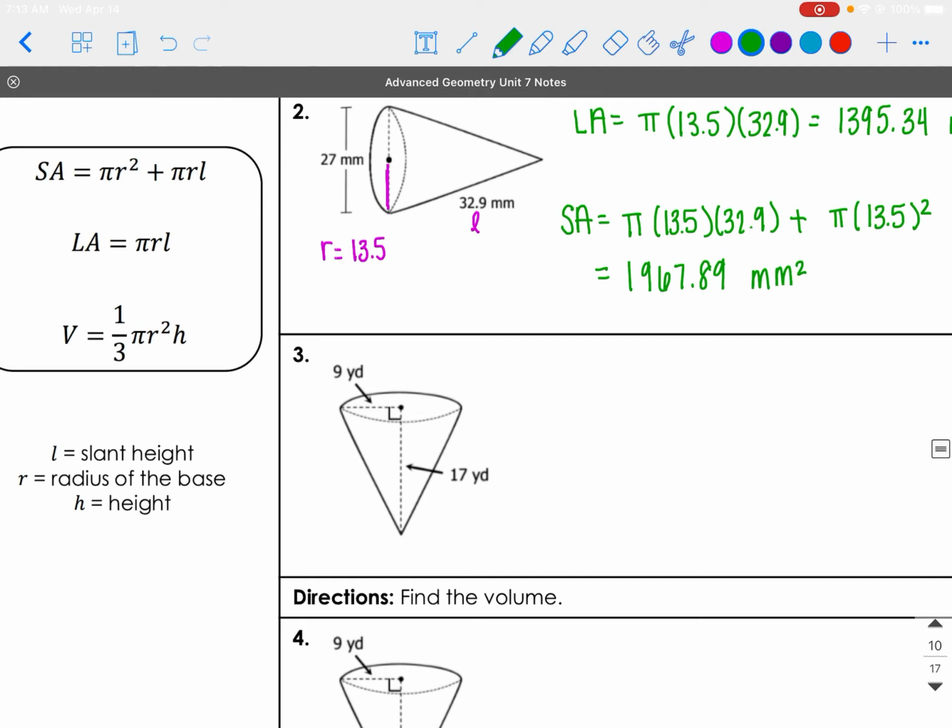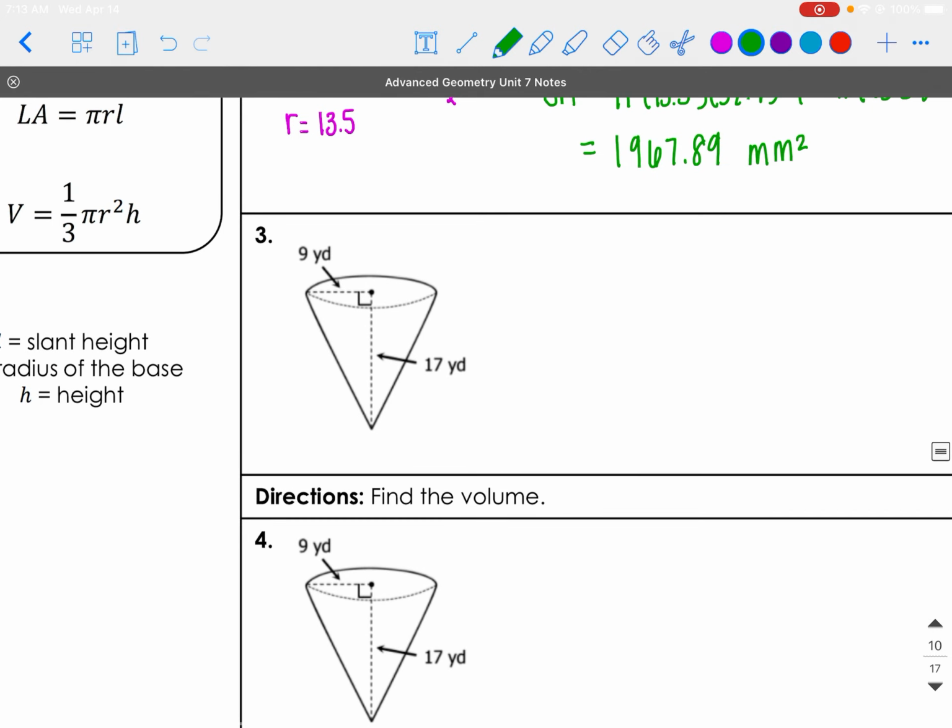Now number 3, we are given the radius and the height, not the slant height. So guess what? We're going to have to use the Pythagorean theorem to find the slant height.